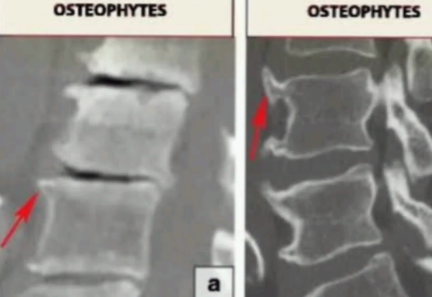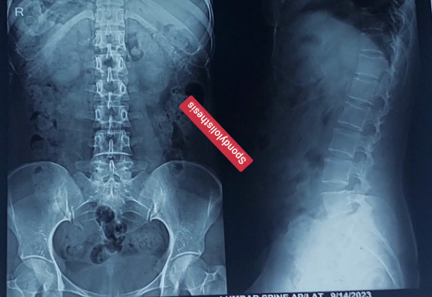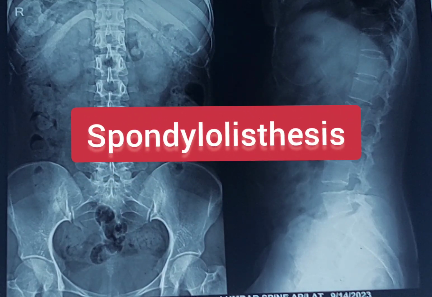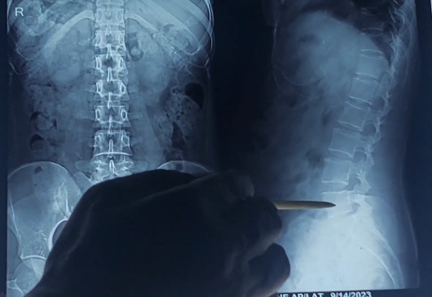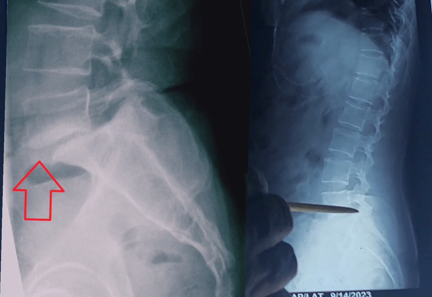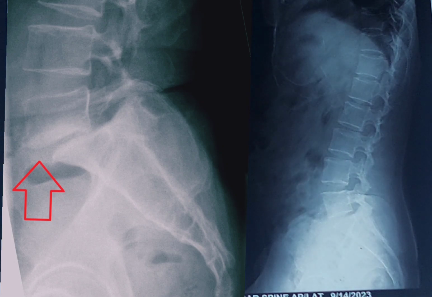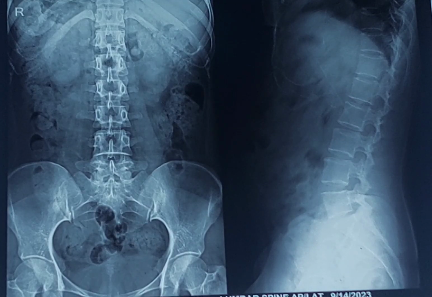So osteophytes are formed due to degeneration of the intervertebral disc, and it is called spondylosis. And another term is spondylolisthesis. In this condition, the fifth lumbar vertebra along with the whole vertebral column slips forward over the first sacral vertebra. So this fifth lumbar vertebra and its column slips forward. That is called spondylolisthesis.